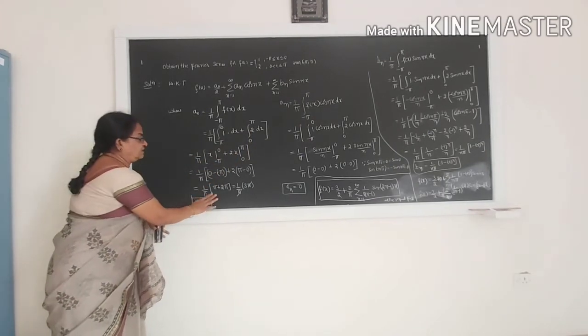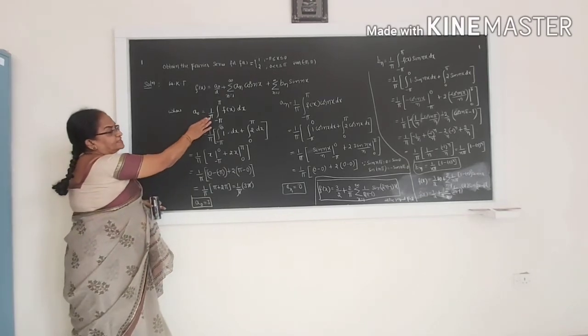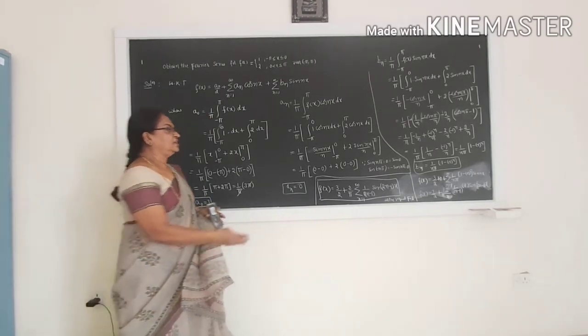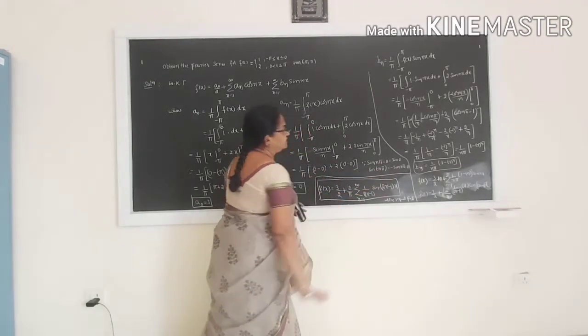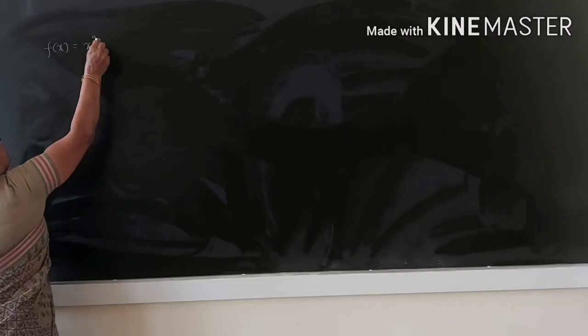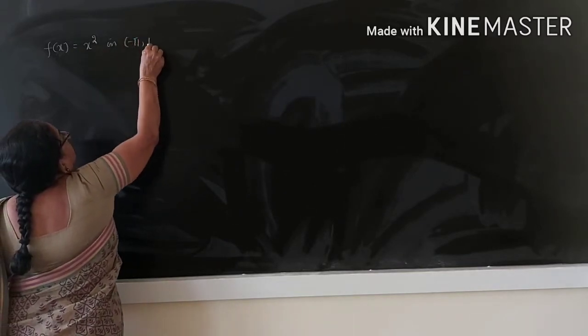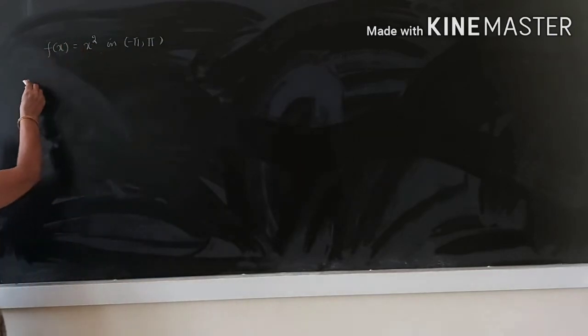Only that thing is to be recalled while integrating this, and here we need this in order to substitute those things. Okay, let us go for one in the interval minus pi comma pi. Is it okay?